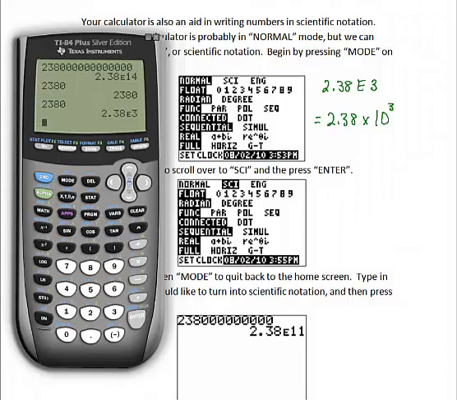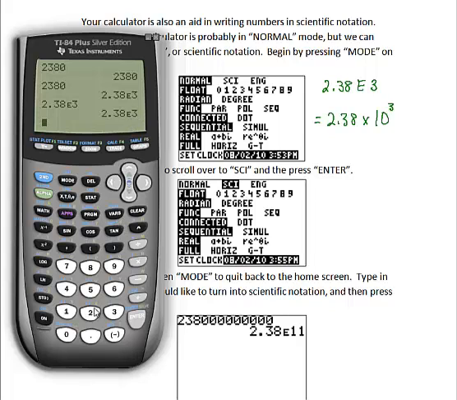And if you find it easier to enter scientifically notated numbers with an E instead of a times 10, then you can use the E button just the same as the calculator does. The E button is located above the comma here. You can see in blue letters a capital E. Select that, and 3, and it returns the same thing, 2.38 E3.